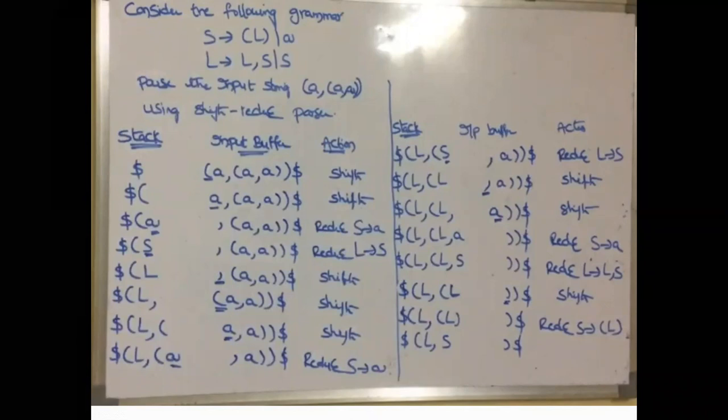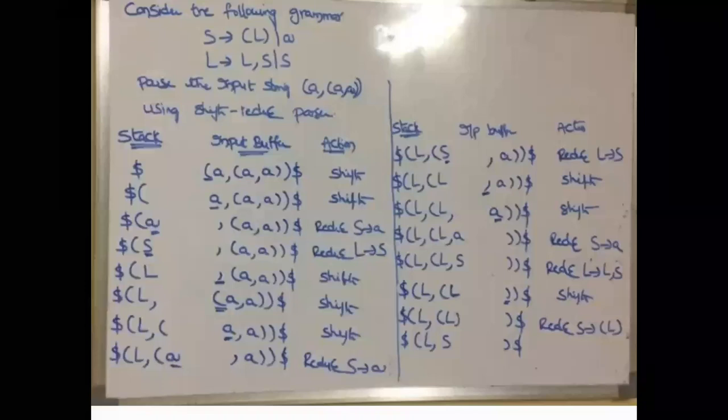The third one is accept: the top of the stack has dollar followed by the start symbol, and the input buffer has the end-of-string dollar. When those two match, the given string is accepted by the parser. Accepted means the construction of the parse is correct.